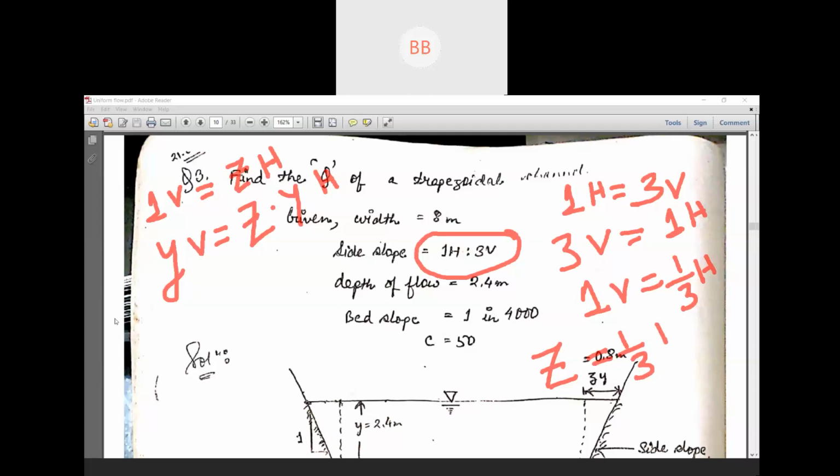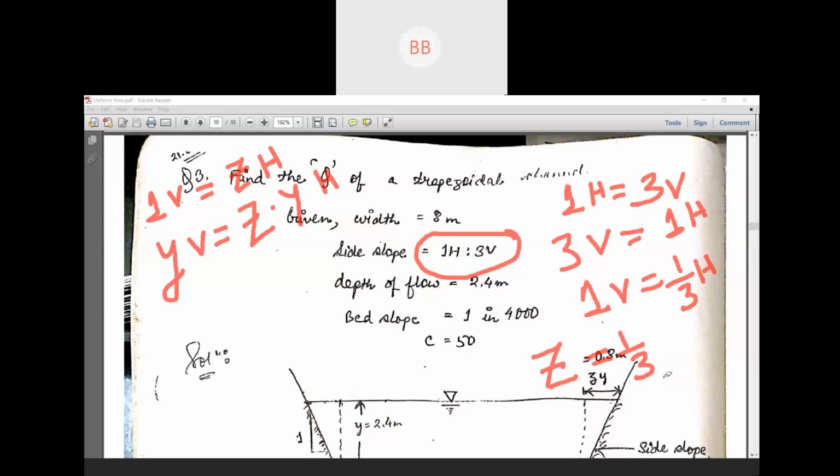If you compare both the equations, this is your general expression and this is our present question. So our Z value is nothing but 1 by 3 in this numerical.